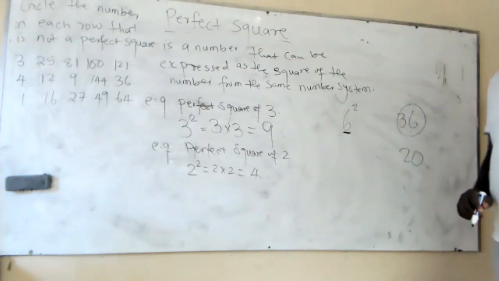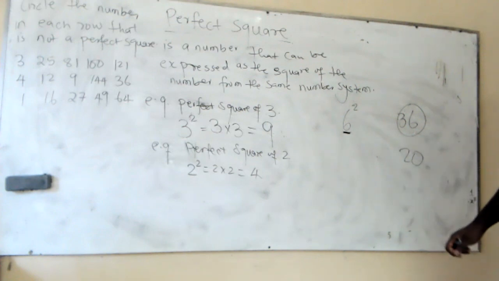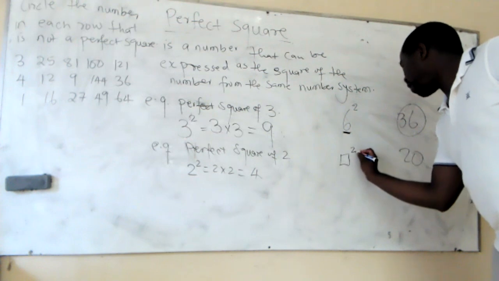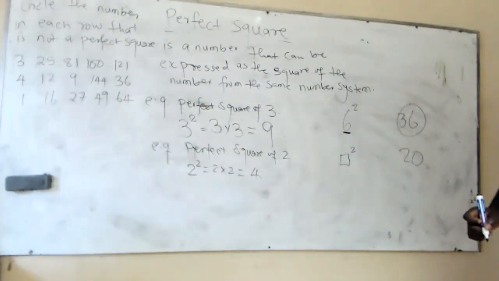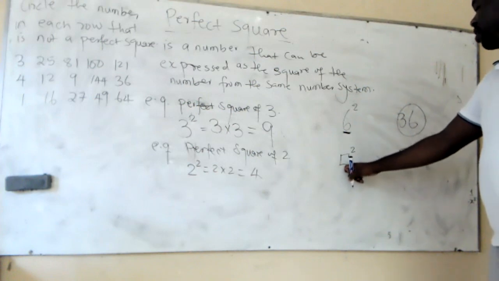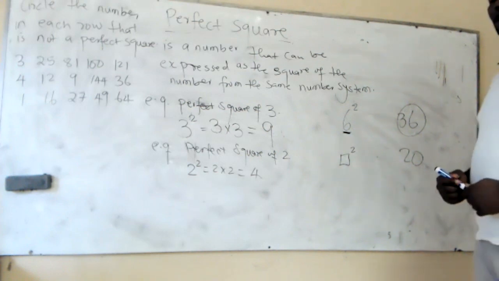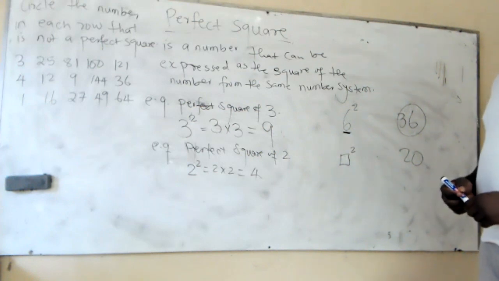Now let me give you the second example. Let's say we have 20. Can we write a number with a square that will give us 20? Is there a number which, when we square, is going to give us 20? Yes, 10. What is 10 to the power of 2?